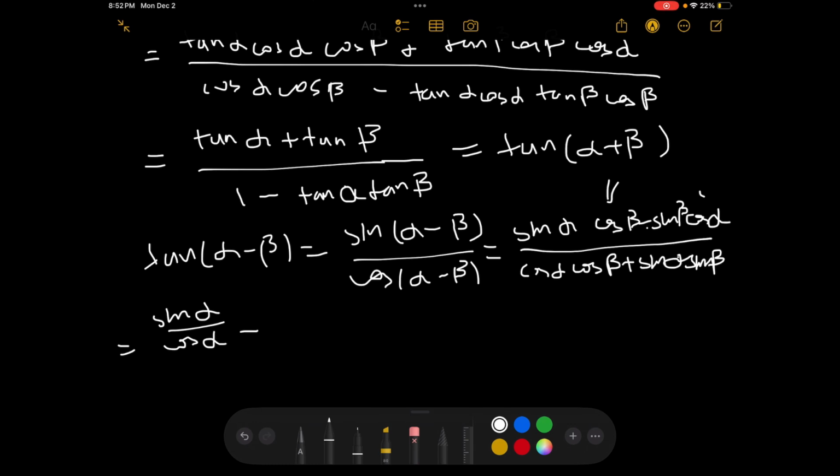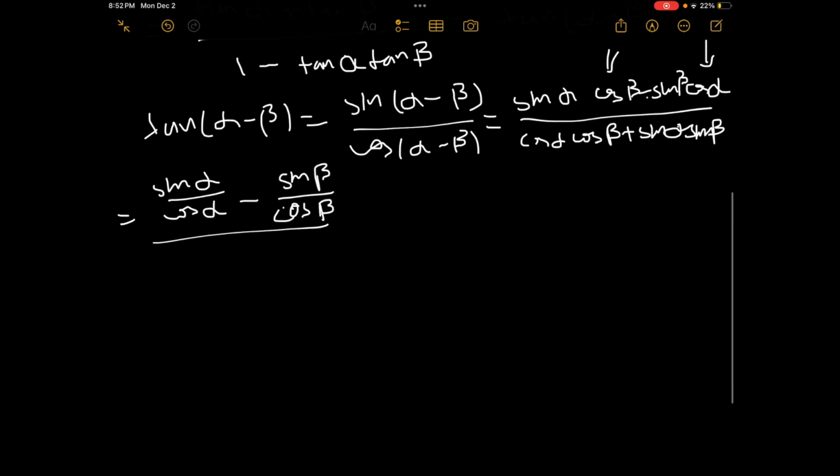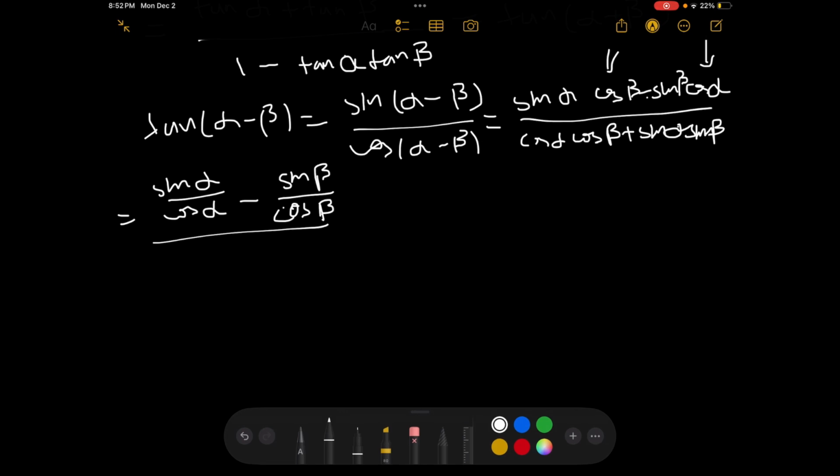And similarly here, this cosine of alpha cancels out, so we get sine of beta divided by cosine of beta. On the bottom, both of these cosines cancel out here, so we're just left with 1, and we have sine of alpha times sine of beta divided by cosine of alpha times cosine of beta.